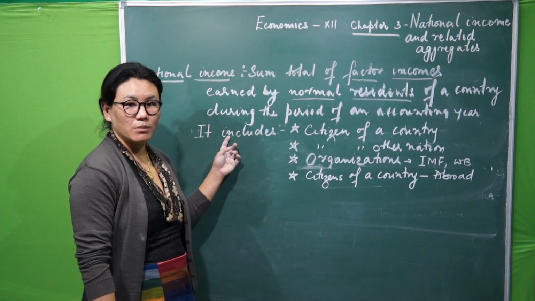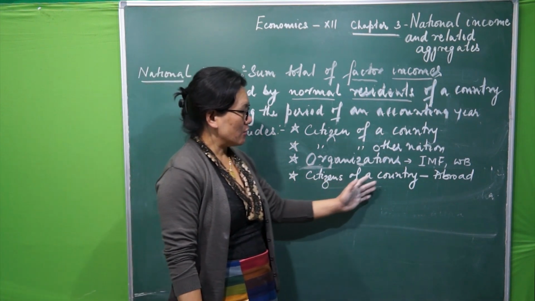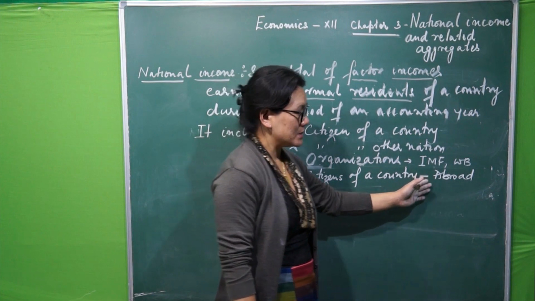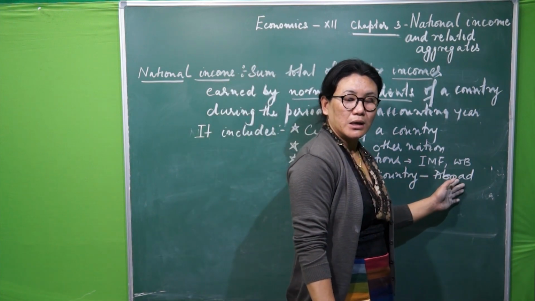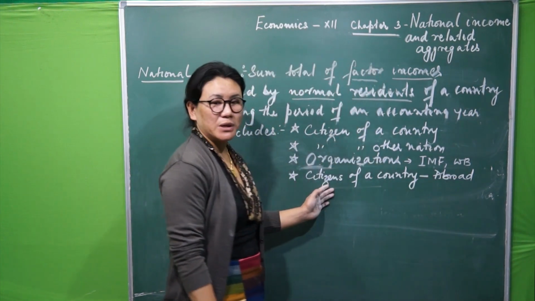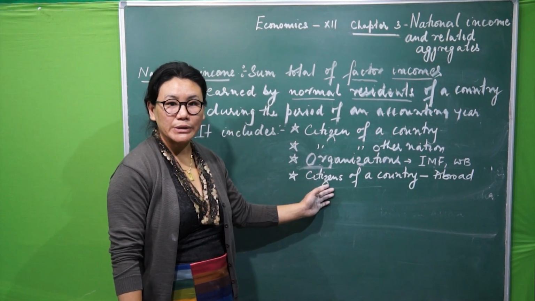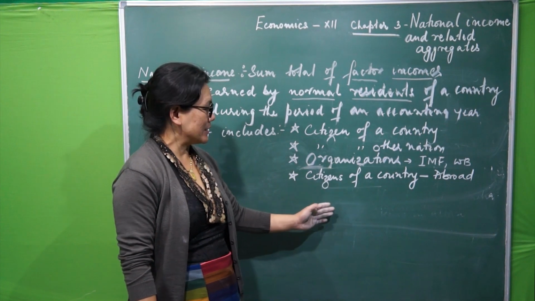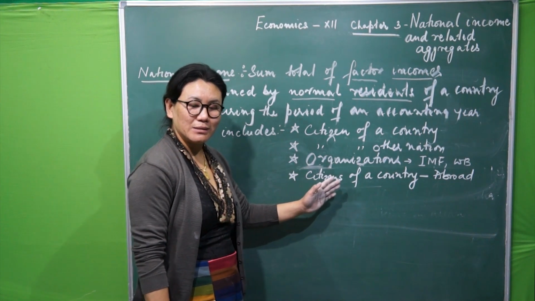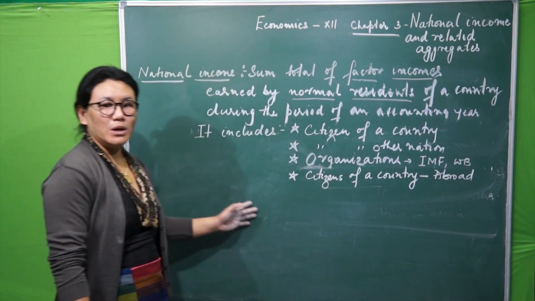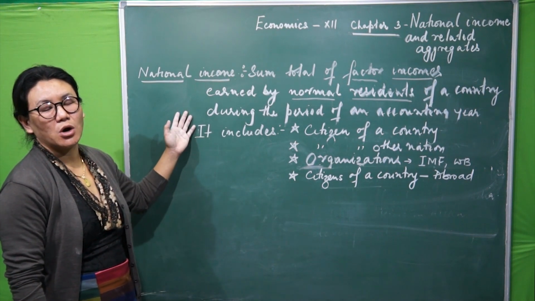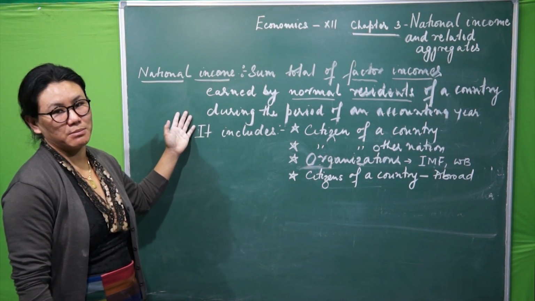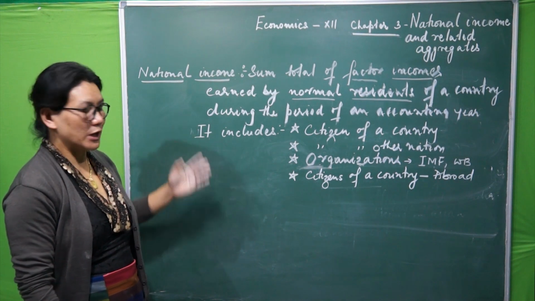Got it? What I'm saying here is, citizens of any country who are living abroad, not for a period exceeding 1 year or 1 year, and whose economic interest lies in their home country, then that citizen will become a normal resident of the country to which they belong. Okay?